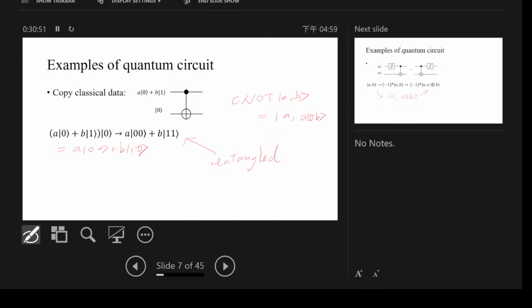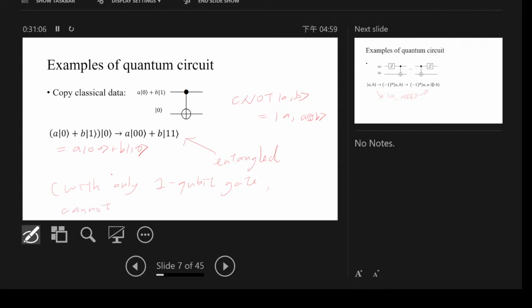And I guess something you can say here is that it's easy to see that with only 1-qubit gates, you cannot create entanglement.